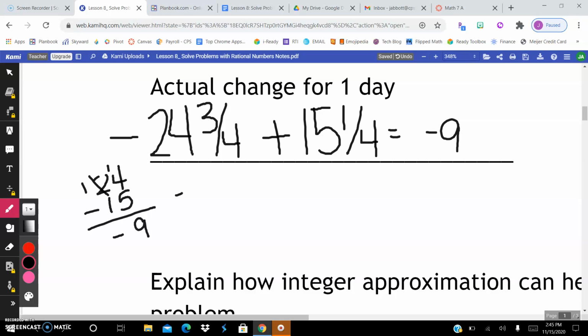And then we have negative 3/4, and we're going to add 1/4. So we're going to keep that 4, and negative 3 plus 1 is going to give us negative 2, so that's negative 2/4, which is really negative 1/2. So we have another negative 1/2 to add on to this negative 9. So it would be negative 9 and 1/2.